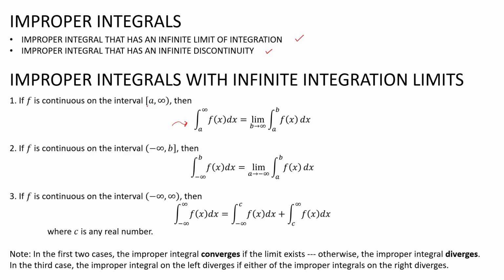Take note that a is a closed bracket, meaning it's included. Then infinity is an open bracket because we don't know when the infinity is going to stop. That's why it's parenthesis. Parenthesis against bracket.